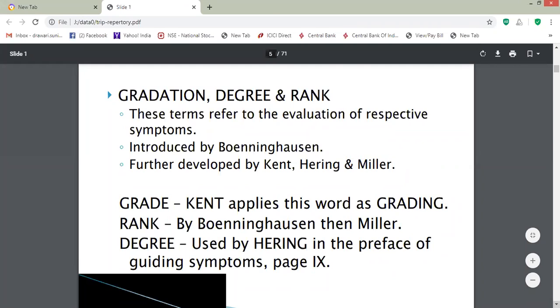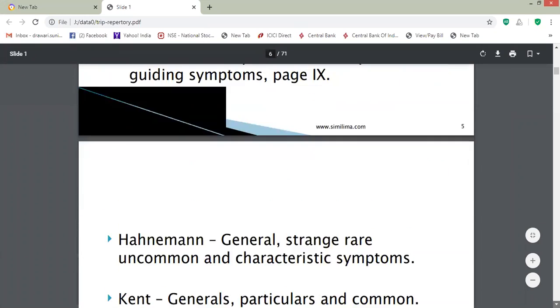So according to the importance of that symptom in that medicine, Dr. Kent, Dr. Boenninghausen, Miller and Dr. Herring gave the medicines in different grades, different ranks, as we say the first grade, second grade, third grade medicine, the first rank, second rank, third rank medicine, or the first degree medicine, second degree, third degree medicine. So the meaning is the same, but they applied different words for the same meaning.